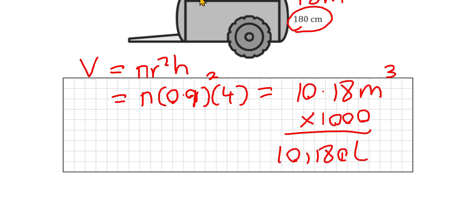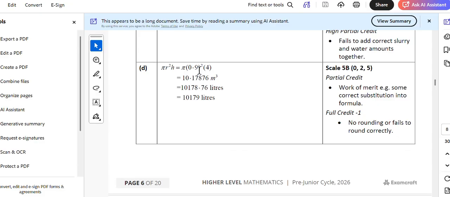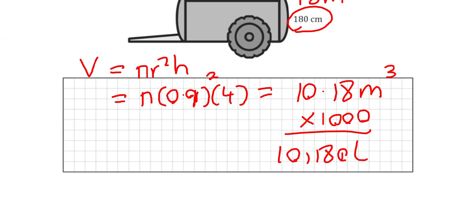Alright guys, so the marking scheme, what did they get? Did you use the proper pi button or did you use 3.14? So pi times 0.9 squared times 4. Yeah. 10.179. So they got what they got. So you rounded off unnecessarily there.